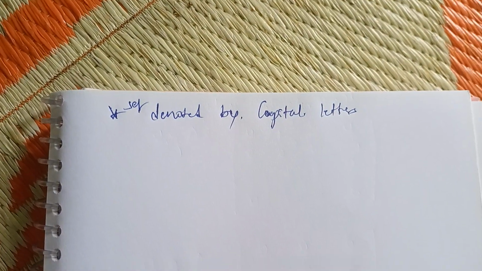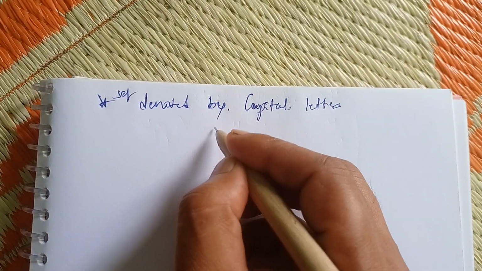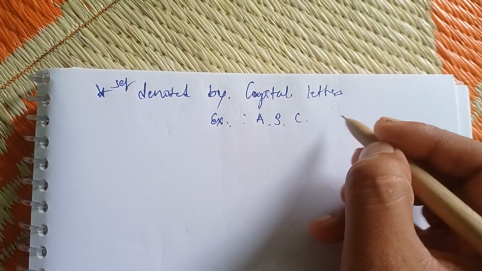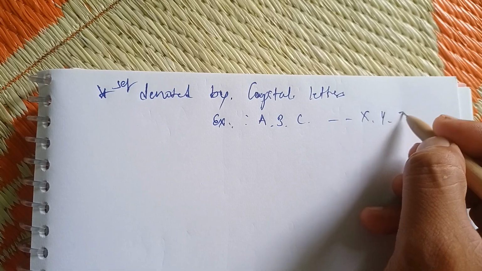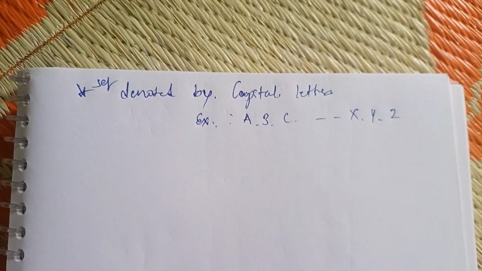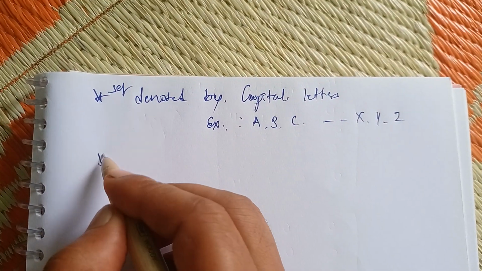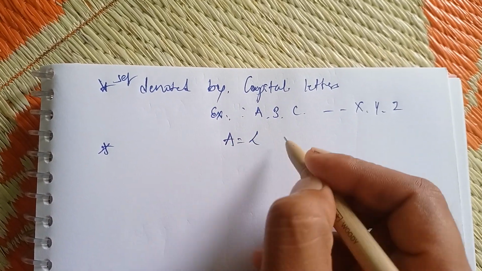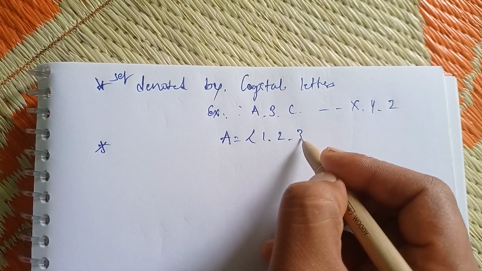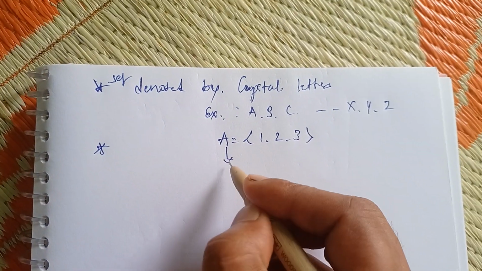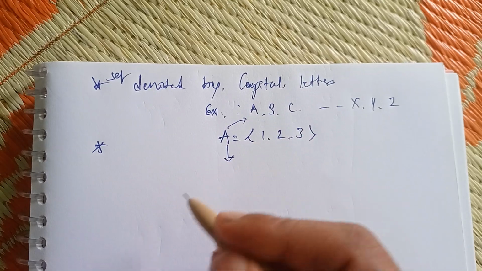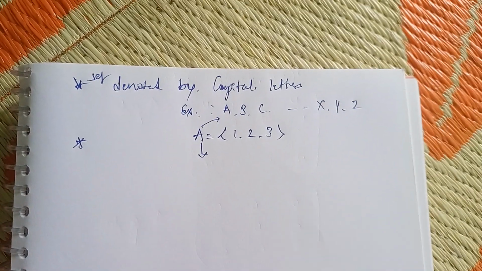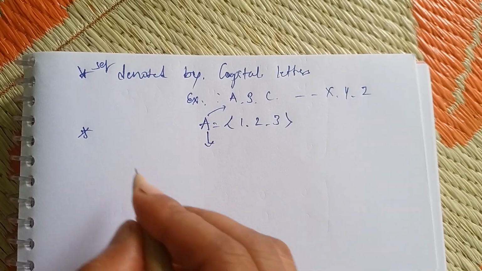For example, A, B, C, like that, X, Y, Z also. For example, A equal to {1, 2, 3}. This is a set denoted. Then next, the elements of a set.